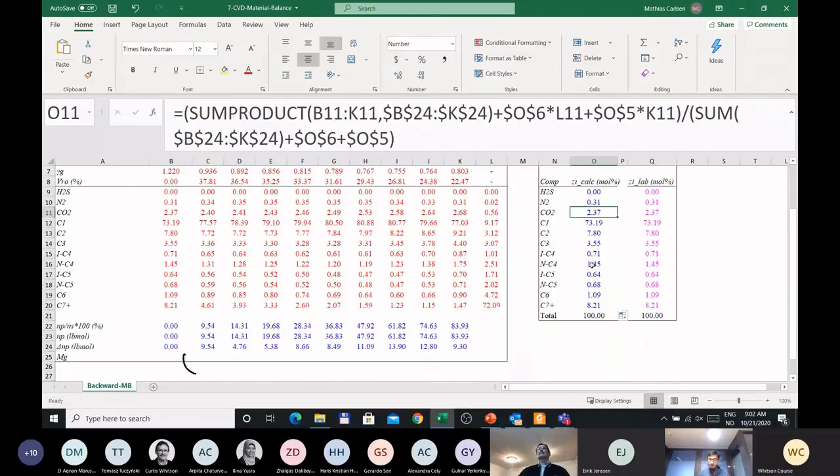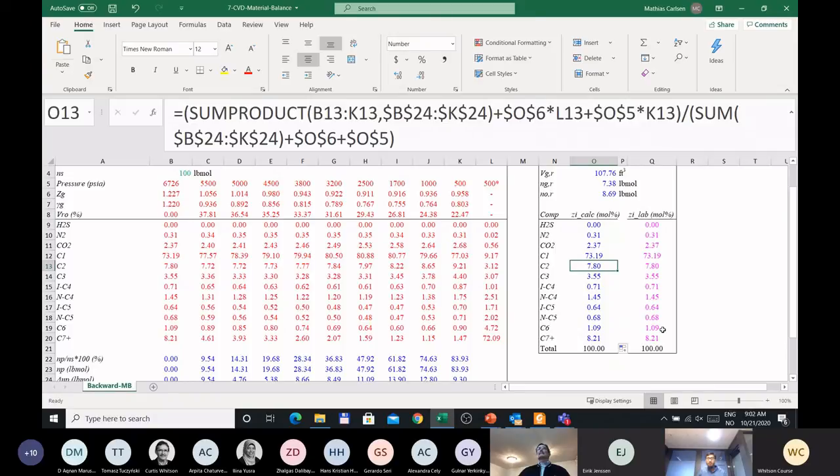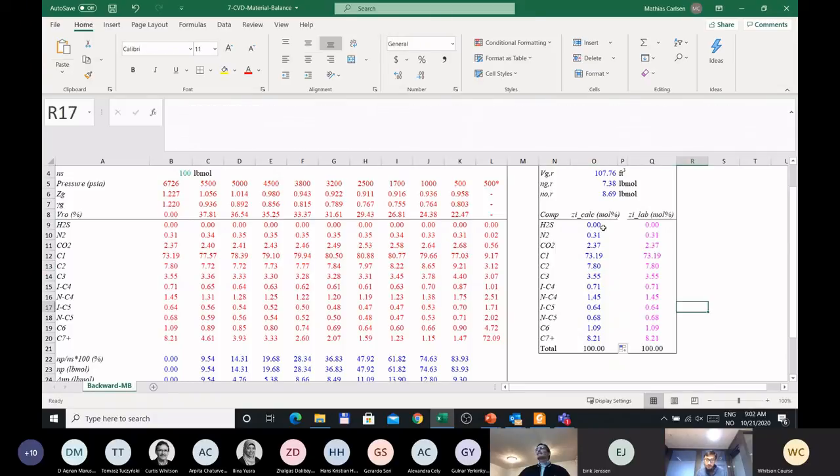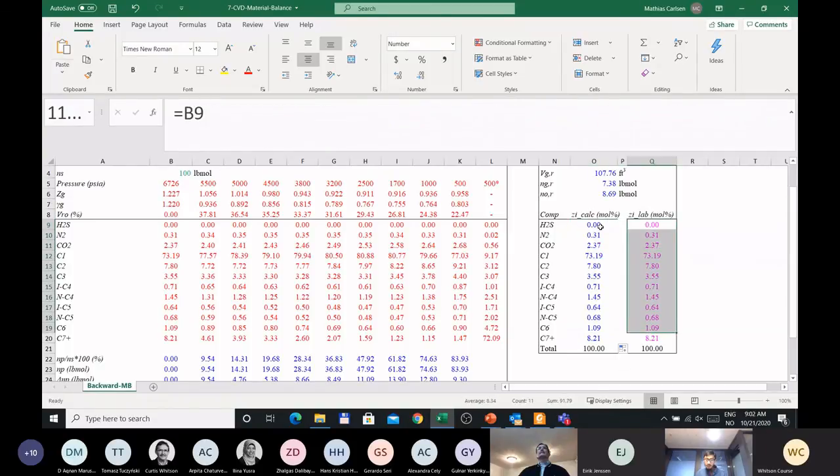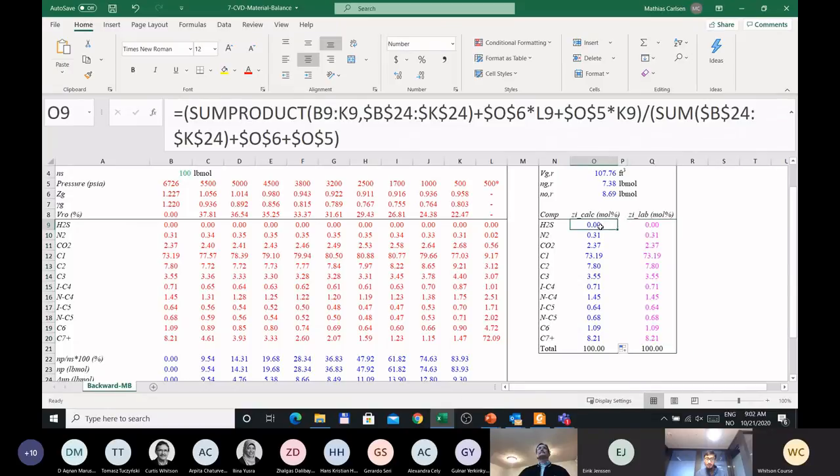Okay, so we just drag the formula, and now these are the calculated values from the material balance, and these are the lab reported values, and you see they are exactly the same.